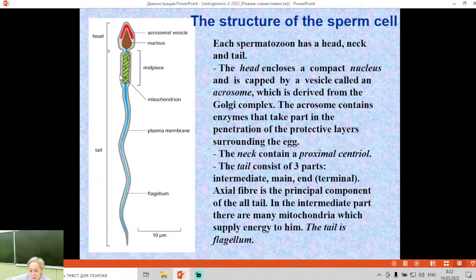The tail consists of three parts: intermediate or midpiece, main piece, where you can see flagellum, and terminal piece, the end piece without flagellum. The axial fiber is the principal component of the whole tail. In the intermediate part, there are many mitochondria which supply energy to it.